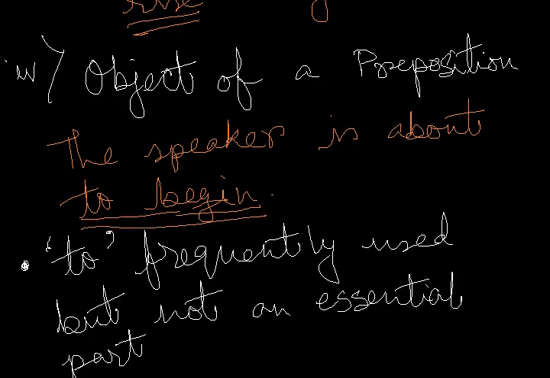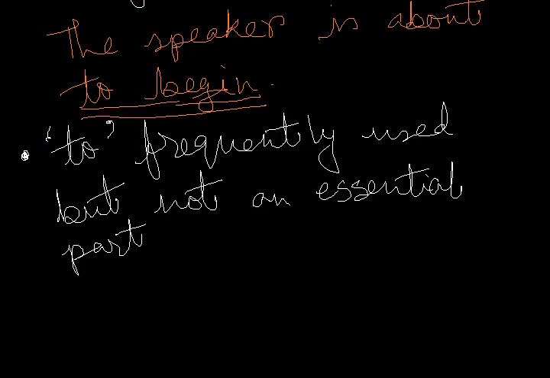Now, because an infinitive is generally preceded with a "to", it is very easy to spot an infinitive. However, the students must remember that though "to" is frequently used, "to" is not an essential part of an infinitive. In fact, there are a number of sentences where an infinitive doesn't have the "to".